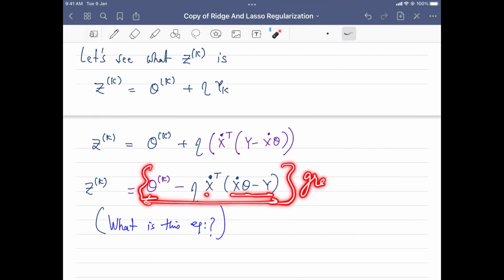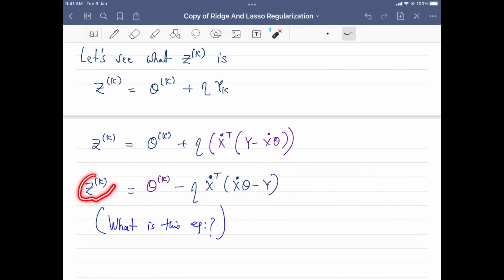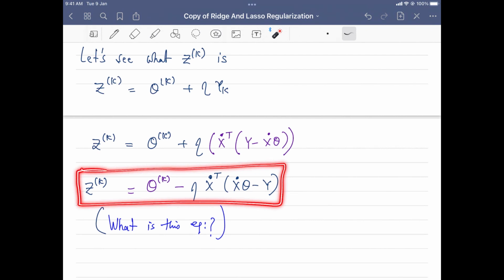And this is zk, a dummy variable here, but earlier it used to be theta k plus 1. So theta k plus 1 is theta k minus this. Originally when we were discussing gradient descent it was theta k plus 1, but now it is zk. So what we observe is that this is the gradient descent.